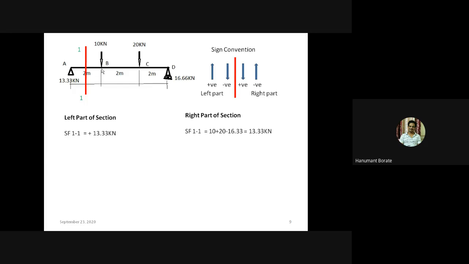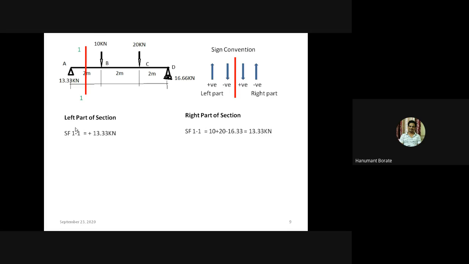If we consider the right part only, then there are three forces: 10 kilonewton, 20 kilonewton and 16.66 kilonewton. But for the right part, sign conventions are different. Treat downward positive, upward negative. So this 10 is positive, 20 is positive and 16.66 is negative.